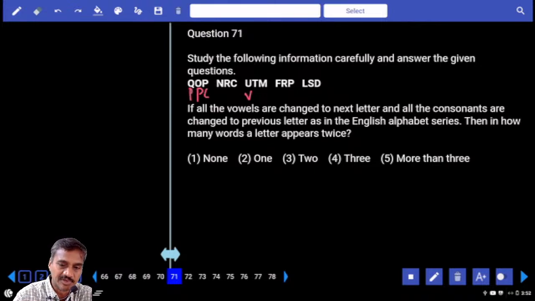P, and P minus 1 is O, N minus 1 is M, R minus 1 is Q, C minus 1 is B. T minus 1 is S, and M minus 1 is L. Then in how many words does a letter appear twice? Now P appeared twice, and only in one word P appeared twice, that is choice 2, question number 71.